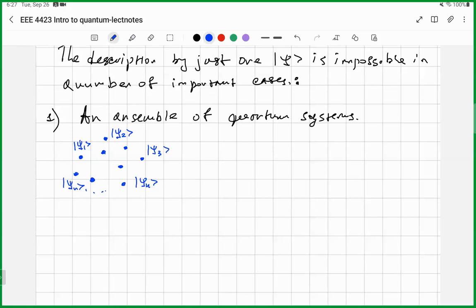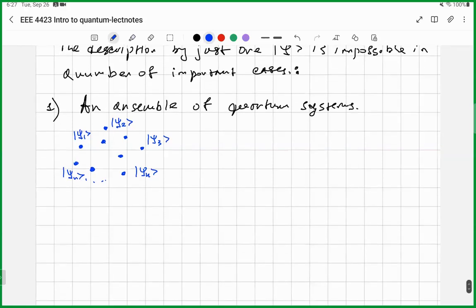Okay, and each of these states, for example psi-n, can be represented using this representation, right? The series Cn times state n.